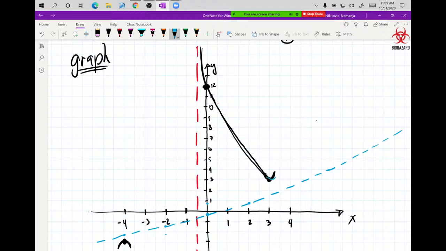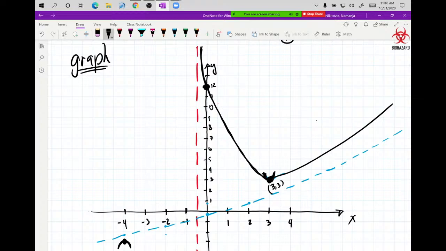So this is going to give us a minimum there, and it's going to bend and eventually start following. So that's where the minimum is, the 3, 3. So it goes from up there into it, passes through, and then bends to follow.